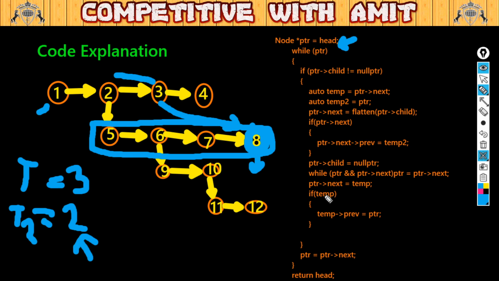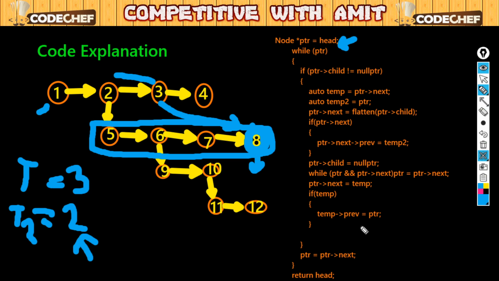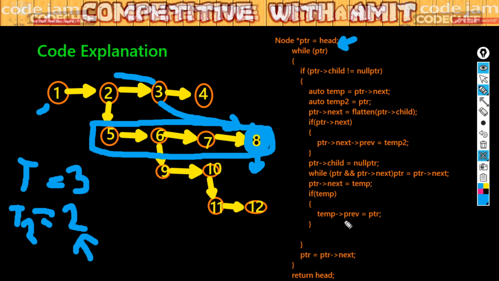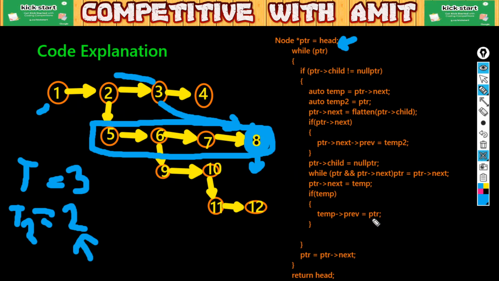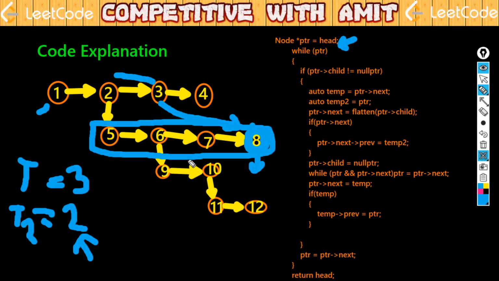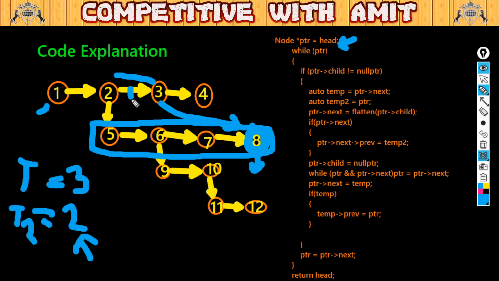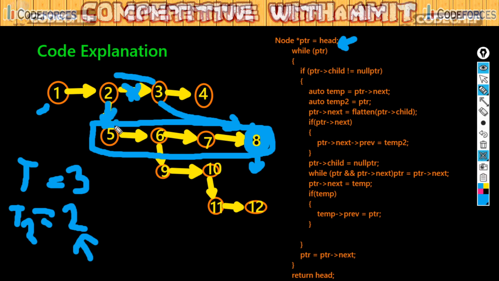Now we'll check whether the temp which we stored is there or not. If it is there, then we will store its previous, means the previous of this will be stored as ptr. Now what will happen after the first iteration, this will be removed, or this will be redirected to here, and this node will be removed.